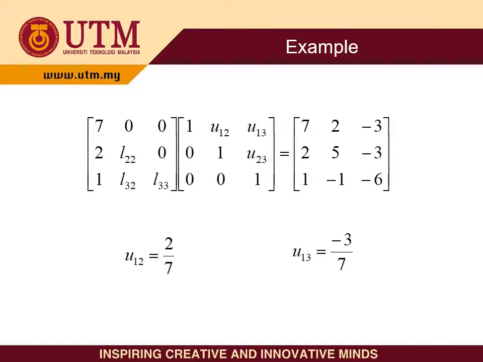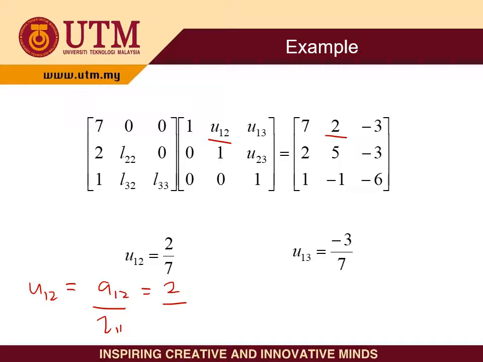Now for U12, if you look at the matrix factorization equation, U12 is here, by the way, need to find that. So A12 divided by L11. So the A12 here, sorry, is 2.